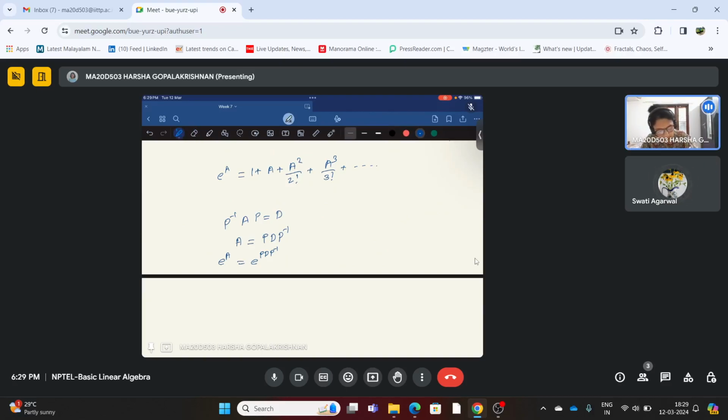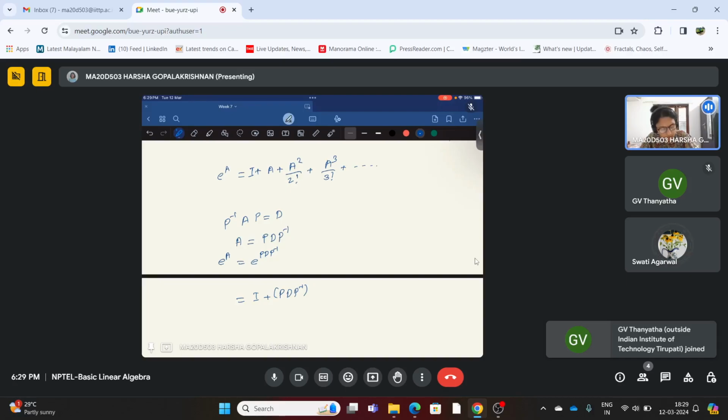How can we expand this using the same expansion? It is I plus, instead of A, we have P D P inverse, plus P D P inverse square by 2 factorial plus P D P inverse cube by 3 factorial, and it goes on like this.